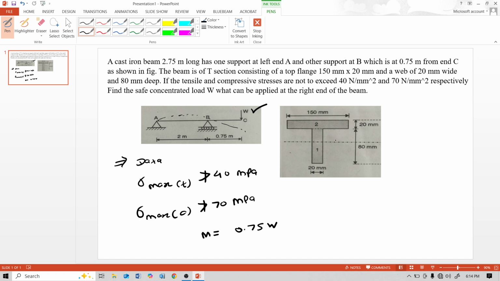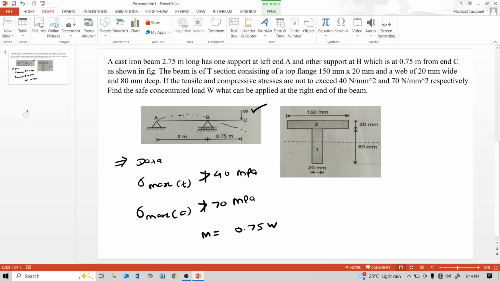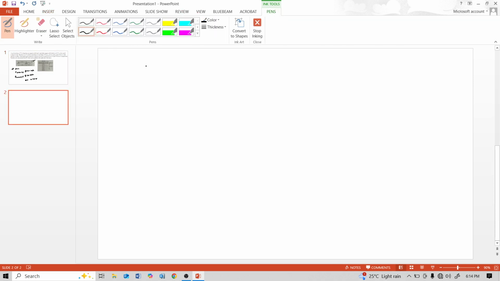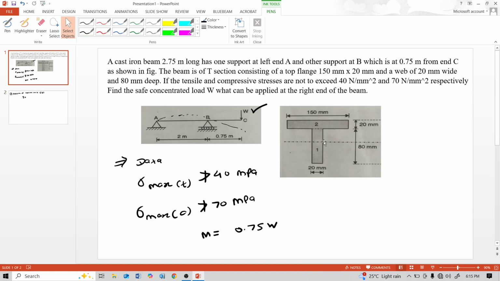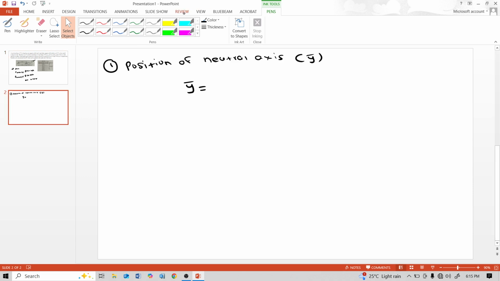Now next, calculate the position of the neutral axis for this T section. Y bar is equal to A1 Y1 plus A2 Y2 upon A1 plus A2, where the web part is 1 and the top flange part is 2.